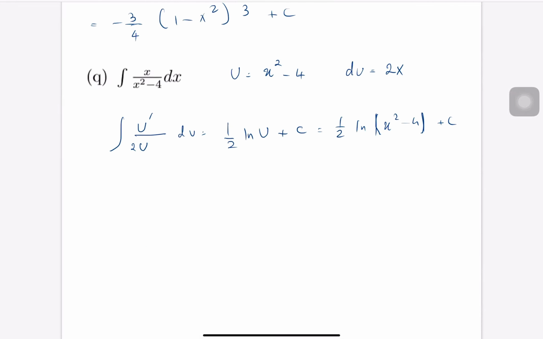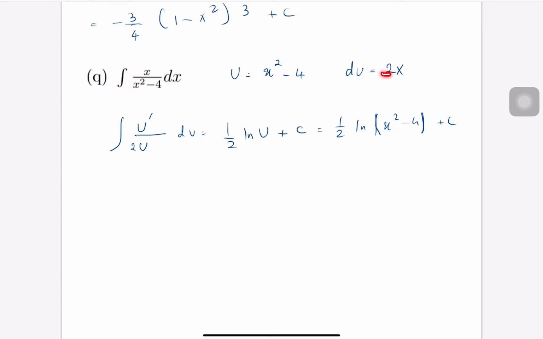Also you can see here, instead of x squared minus 4, I put u, find the derivative, 2x. Now I know x is the derivative per 2, then I can put u prime per 2. And I know I have a 1 per u here, then it is a u prime here and u here.